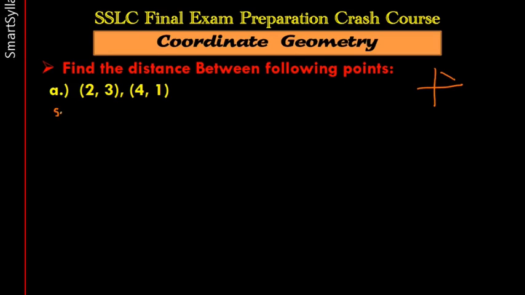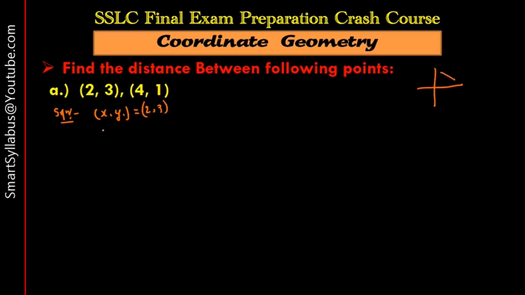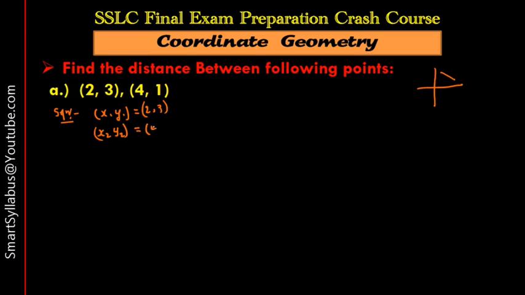Okay, the solution part. In the solution part, first compare this with x1 y1, which is (2, 3). In the sense, 2 is x1 and 3 is y1. Similarly x2 y2: here x2 is 4 and y2 is 1.